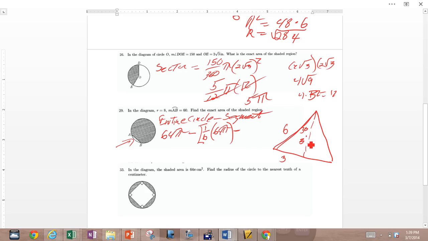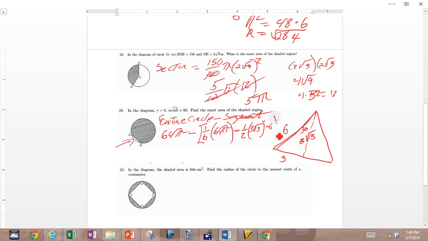The height would be 3 root 3, right? It's the short leg times root 3. So it's minus the half of the height, which is 3 root 3, times the base, which is 6.